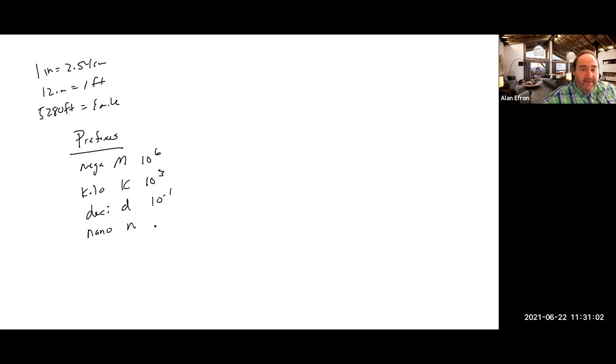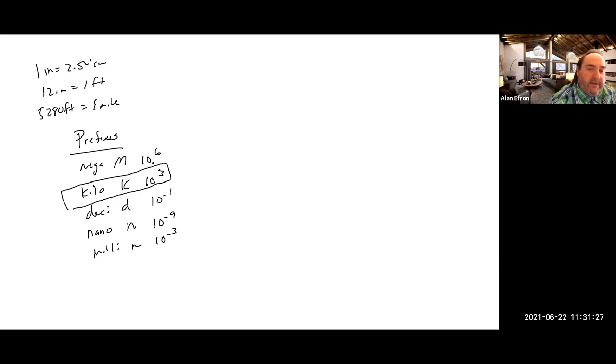Nano is 10 to the minus 9. Milli, which is a common one, which is M, 10 to the minus 3. Remember that when we use these prefixes, again, for example, like kilo, and this again is something that people commonly mess up on when they go to a chart like this and they're looking at those things.